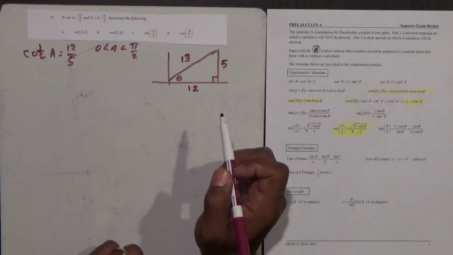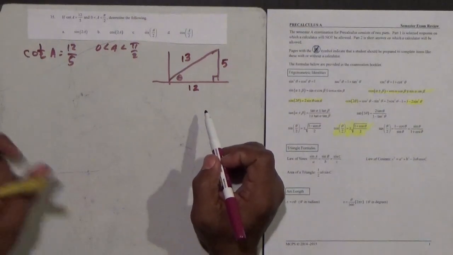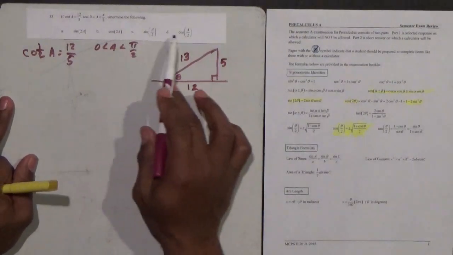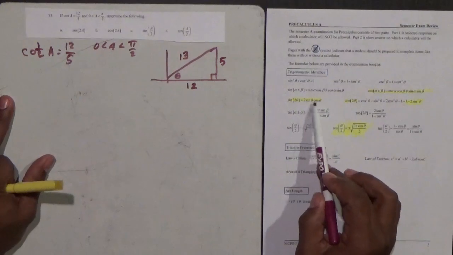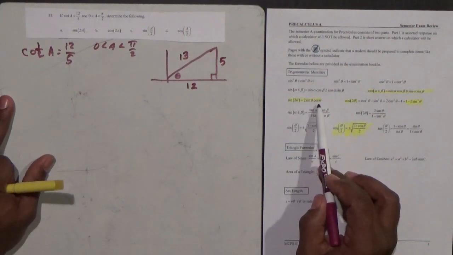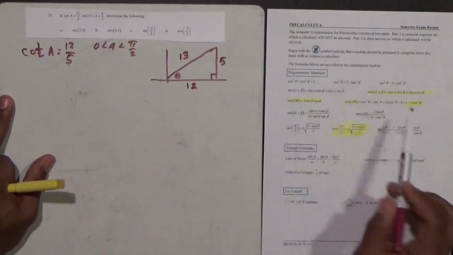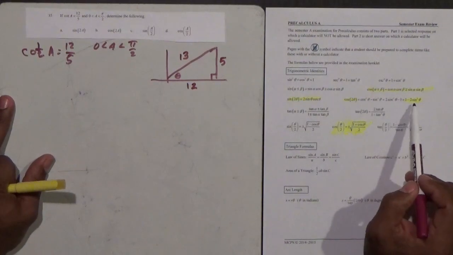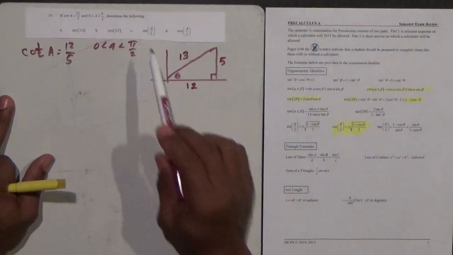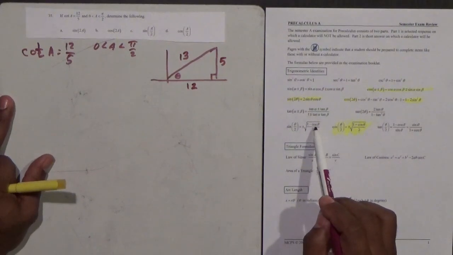Now that I have that, I can go back through and get some other values. Now they're asking me for a double angle, which means I need sine and cosine. For cosine double angle, I need sine and cosine.